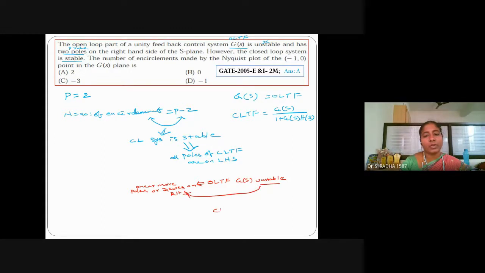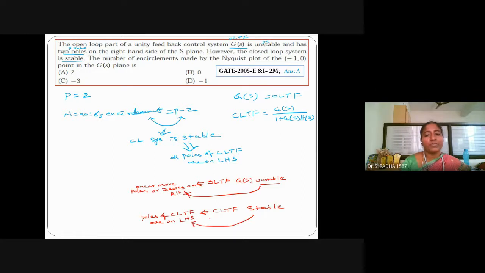If we take the closed loop transfer function, it is told to be stable, which means the poles of the closed loop transfer function are on the LHS. LHS means stable, RHS means unstable.